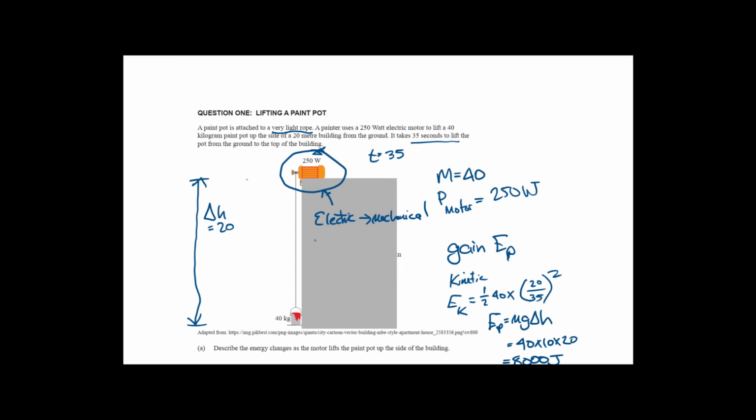So 250 watts means 250 joules per second. So the total amount of energy that the motor is going to convert from electrical energy is going to be 35 seconds times 250 watts. So it's going to be some number.